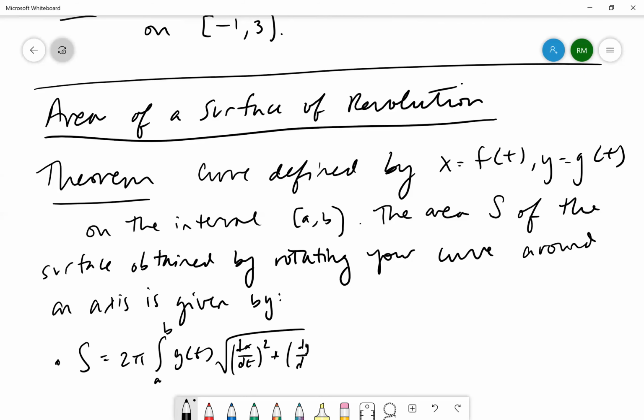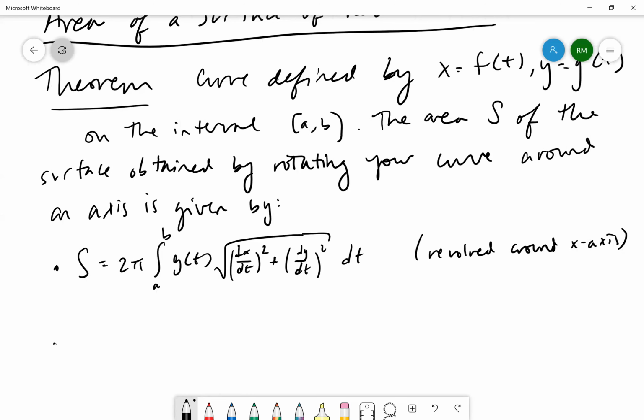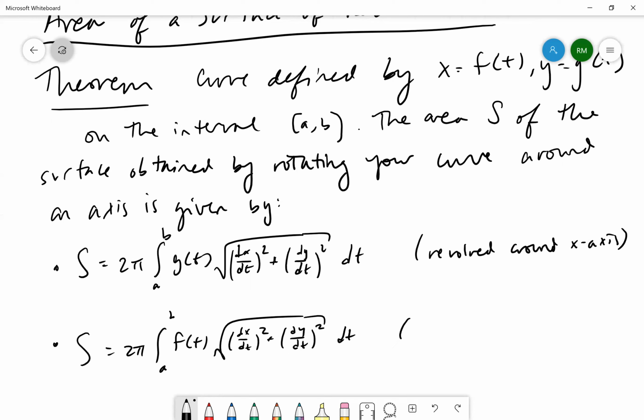So you see it's very similar to arc length. And we get a different equation that's super similar when we rotate it around the y-axis.